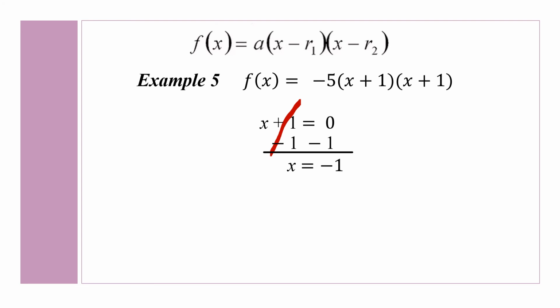And we're left with x is equal to negative 1. So notice we only get one solution, which means that the graph is going to cross the x-axis once. And our zero ends up being negative 1. And so in this case, since a is negative 5, this parabola is going to open down.